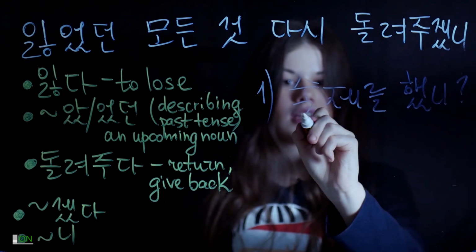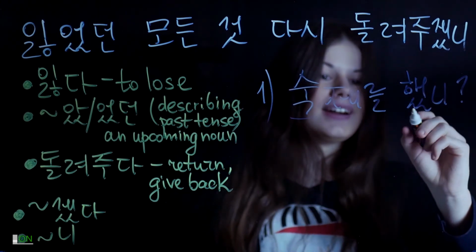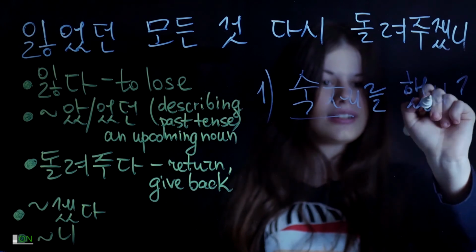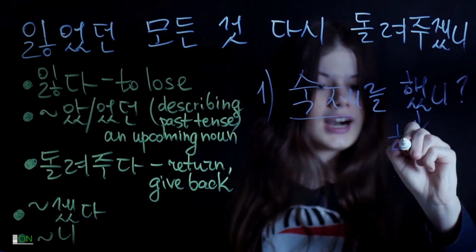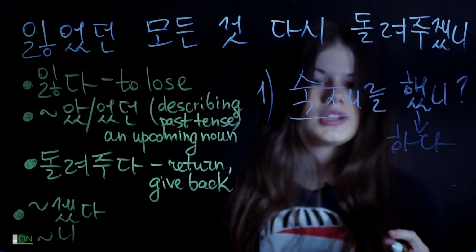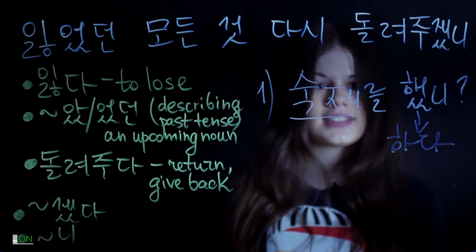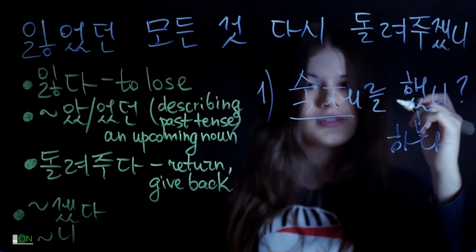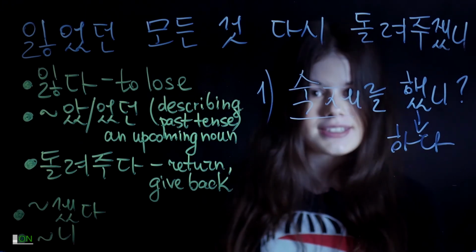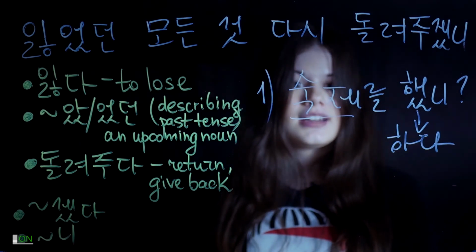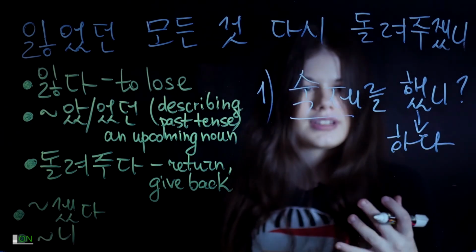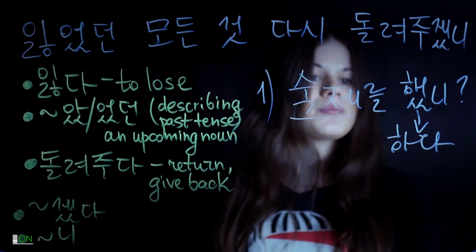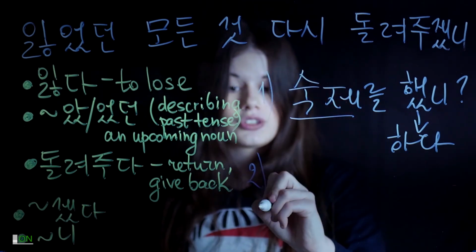Here, 숙제 means homework, and 했 comes from the verb 하다, which means to do. So the person is asking, and this actually verb is conjugated into the past tense. So the person is asking, did you do homework? Like, did you finish homework? Did you do it?